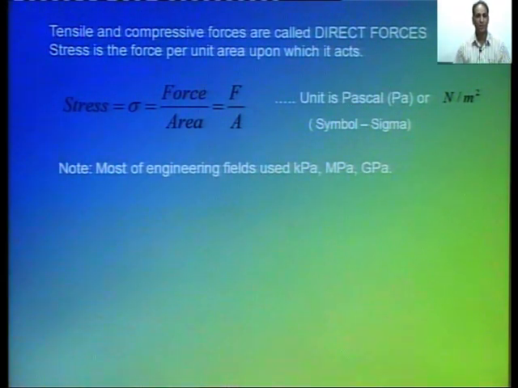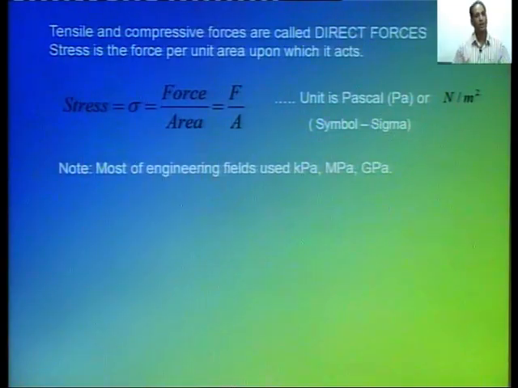Its unit is Pascal, where Pascal means Newton per square meter. So, 1 Pascal is equal to 1 Newton per square meter. Sigma is the letter symbol used to denote stress. In most engineering fields, stress is abbreviated as sigma or small p.